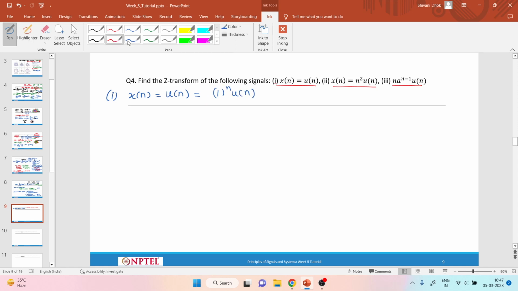That is, I am writing this in the form of a power n u of n, and we know that the z transform of this is z upon z minus a, and the region of convergence is magnitude of z greater than magnitude of a.